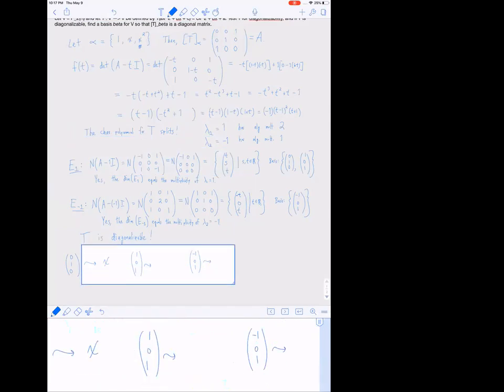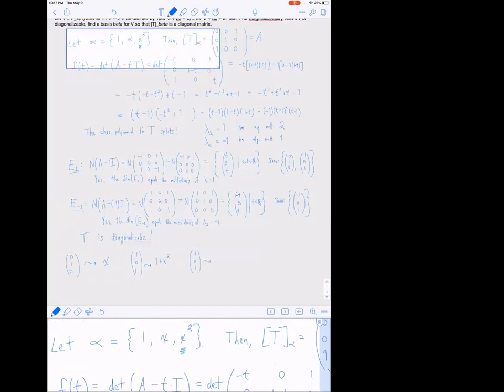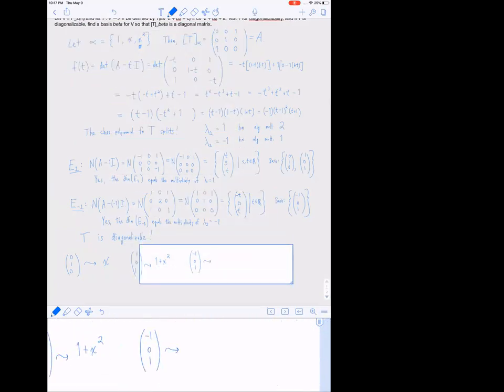So this should correspond to the vector 1 plus x squared. And finally, this last coefficient vector, -1, 0, 1, should correspond to -1 times 1 plus 0 times x plus 1 times x squared, which I could write as -1 plus x squared, or maybe it looks better as x squared minus 1.